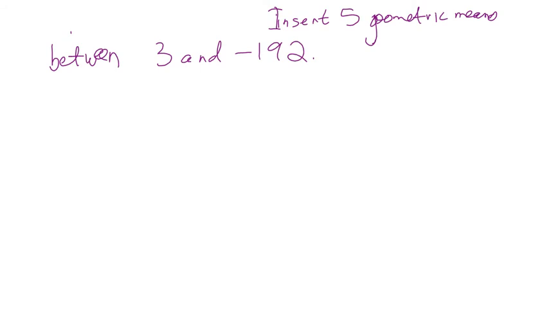So what this means is you're going to start with 3, then you want to have 5 numbers, 1, 2, 3, 4, 5, and then negative 192. So I need to make a geometric sequence that starts with 3 and has as its 7th term negative 192.